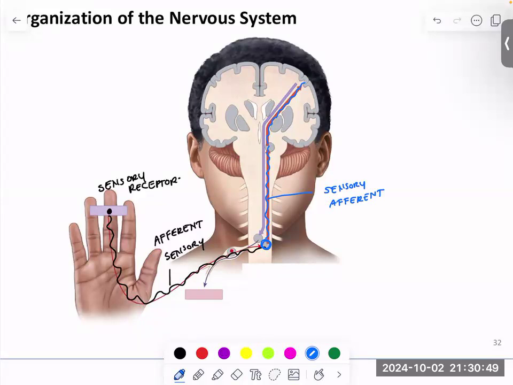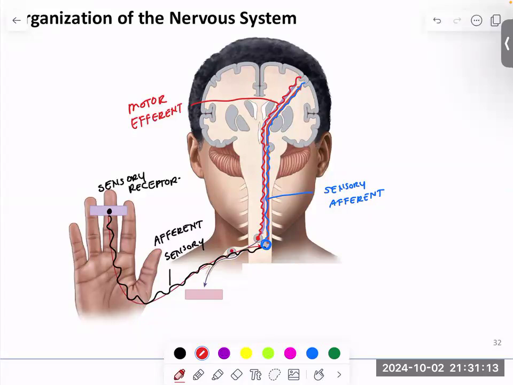The motor information will then travel down the brain, down the spinal cord to the gray matter of the spinal cord. That is motor. How are you going to respond to what you just touched? Efferent pathway traveling through the spinal cord.